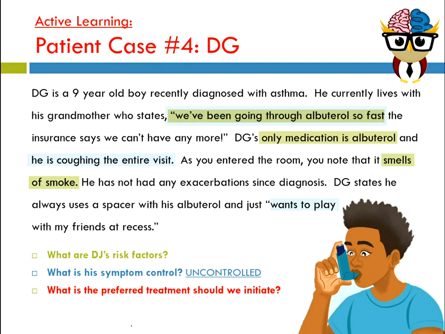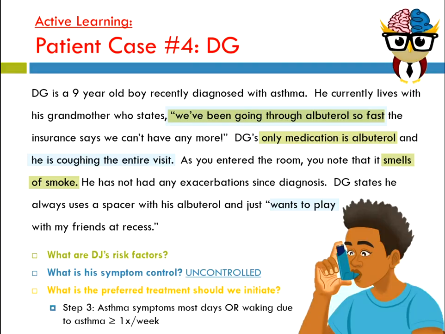Okay? So what is the preferred treatment to initiate? How do we pick the first initial controller? So we're going to start at step 3, probably, because he's having asthma symptoms most days of the week.